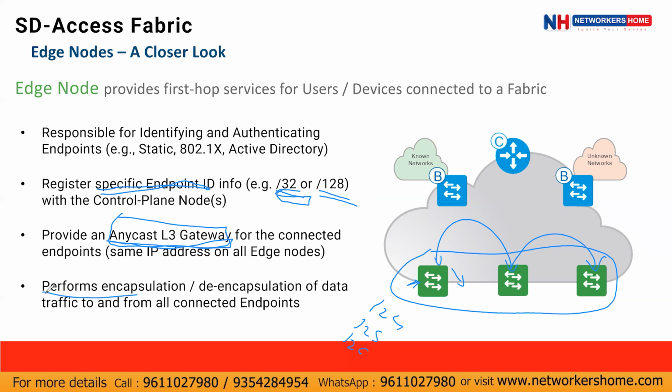And this edge node performs the encapsulation and decapsulation of the data traffic to and from the connected endpoints. So whatever data is exchanged between the endpoints, the edge node does the encapsulation before leaving this specific edge node. And if any traffic comes to that edge node, it is responsible for the decapsulation.